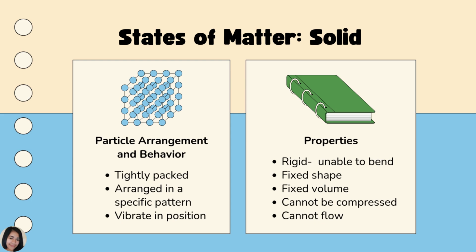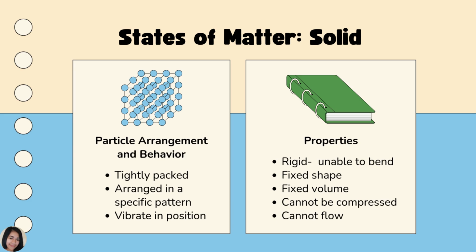Kumbaga, dikit-dikit yung particle nila, kaya mahirap siyang i-crumple or i-bend. So, pag nakikita niyo dyan sa picture, yung kanyang particle, magkadikit-dikit sila. Kaya yung bato, example yung bato, mahirap mo siyang durugin because of their particle arrangement.